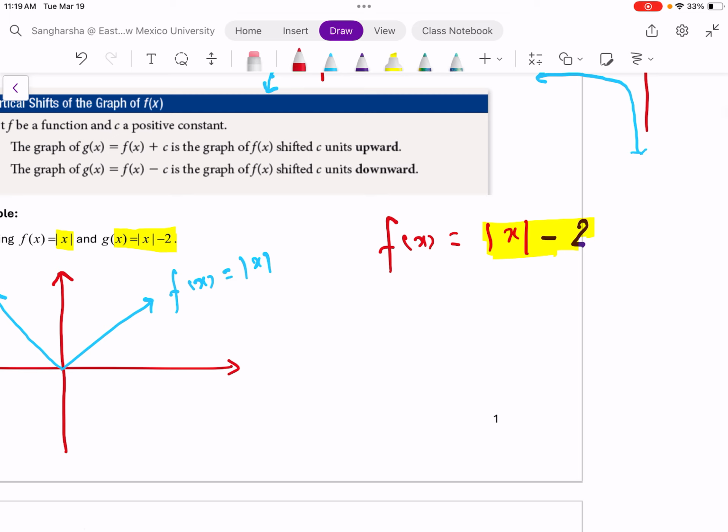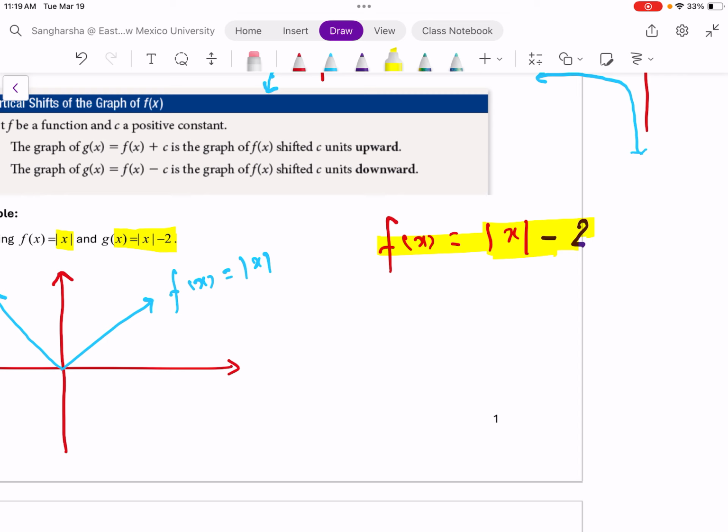Okay, let me give you time. Can you graph this for a while using a table, or if you have a graphing calculator, graph this g of x, okay? Just go ahead and graph this g of x.